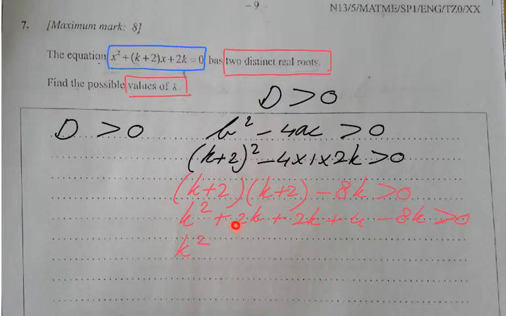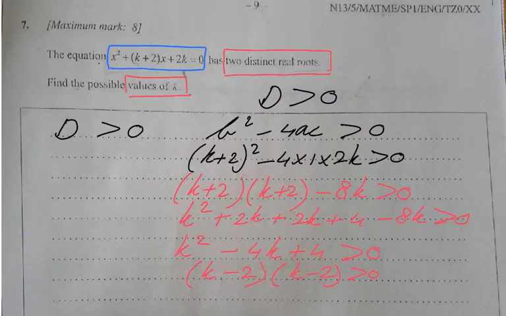Then I have 2k, 4k, minus 8k, so that's going to be minus 4k. Plus 4 bigger than 0, and that then again is a quadratic expression which can quite easily be factorized. (k minus 2)(k minus 2) again, bigger than 0.